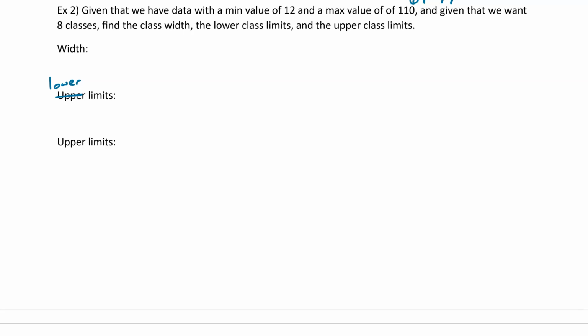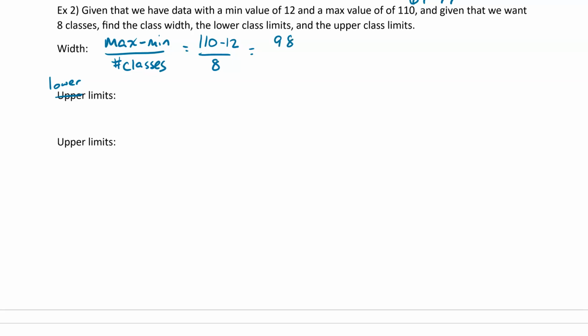So first off, width. Remember that's max minus the min over the number of classes. So in our case, it's a max of 110, a min of 12, and we divide that by the number of classes we want, which is 8.